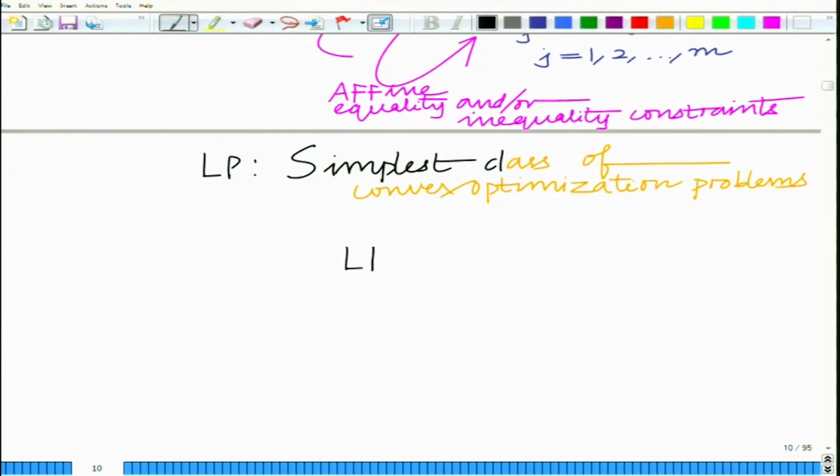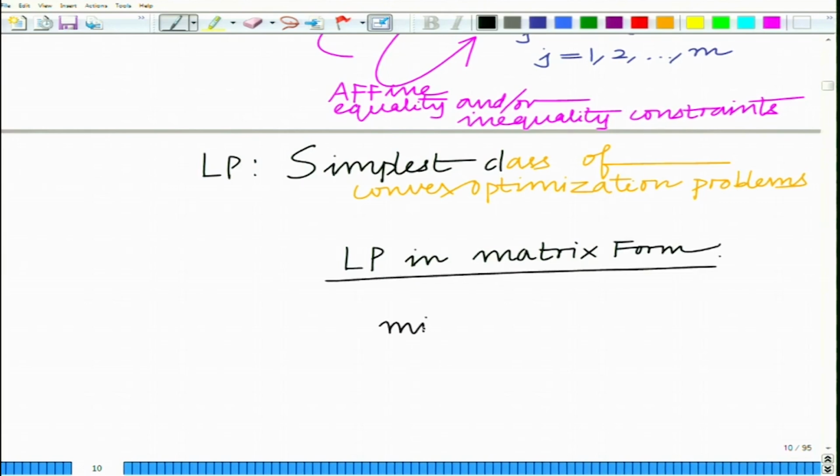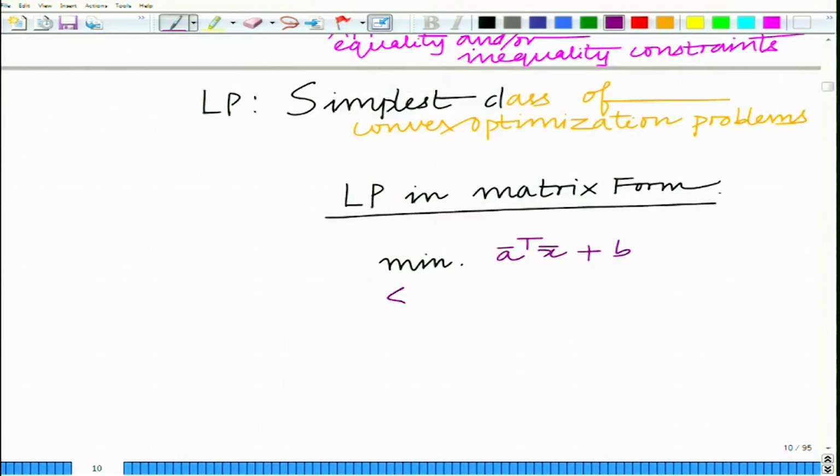Now, just for convenience, I can write this in matrix form. So, I can represent the LP in matrix form as follows. It's not very difficult. I have minimize the objective, which is a bar transpose x bar plus b, subject to the constraints. Now, constraints I can represent as a matrix. So, I can write this as c1 bar transpose, c2 bar transpose, up to cL bar transpose times x bar.